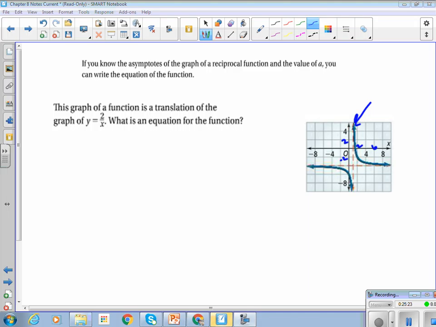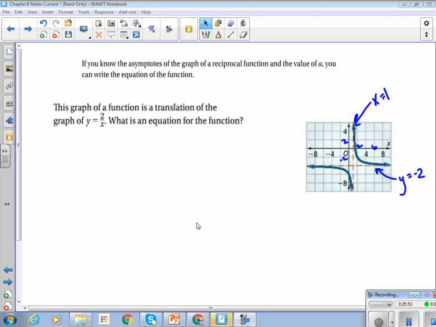Sometimes they give you wonky graphs in the book, and if I were to draw this graph, I'd do it with a scale of 1, but they have a scale of 2. All right, so we're looking at this. This asymptote right here is x equals 1. This asymptote right here is at y equals -2.